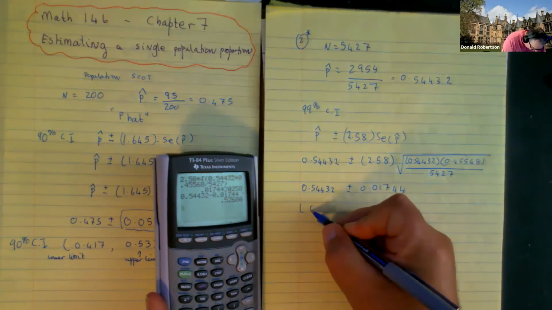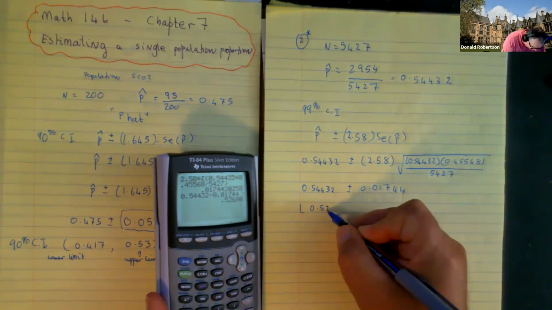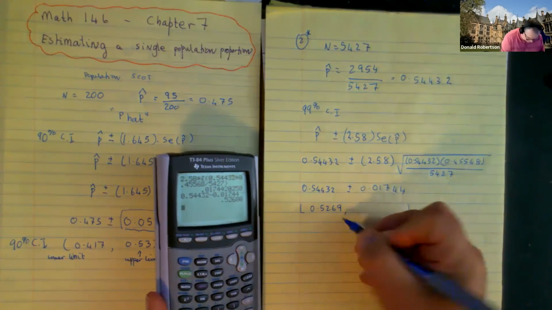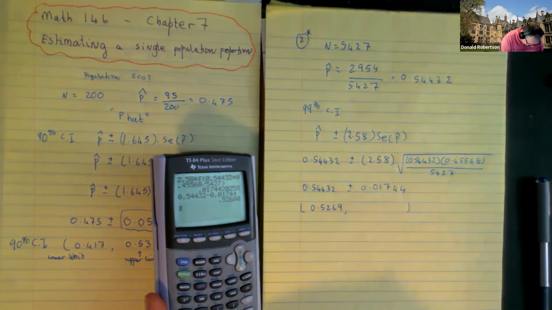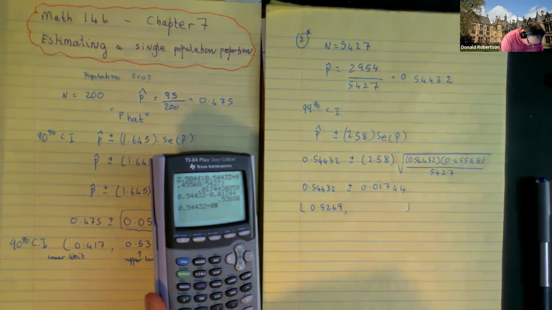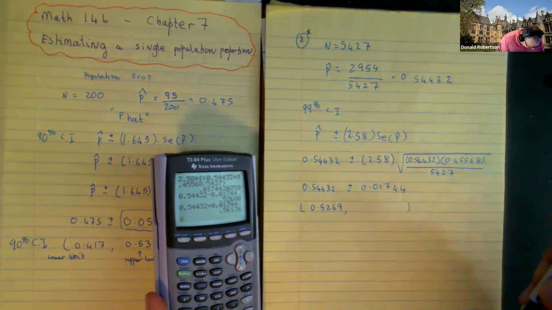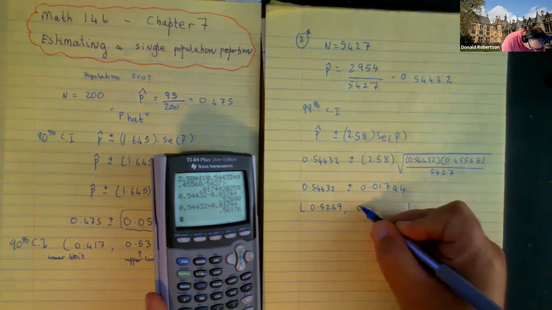So this number, I'm now going to round off to 4 decimal places. And then I'm going to add them. So 0.54432, add that guy. This guy gets rounded off.